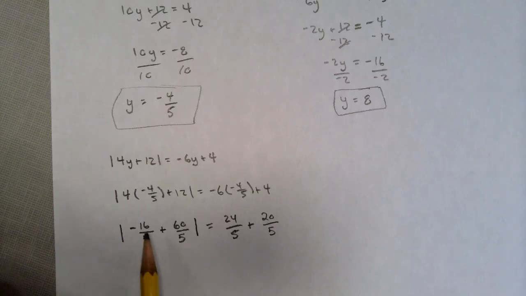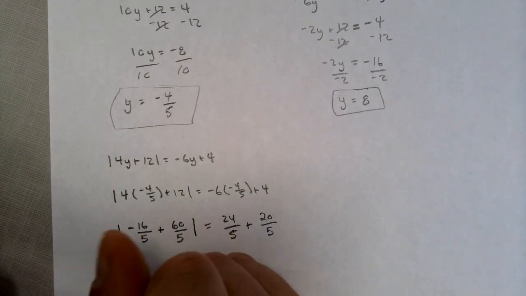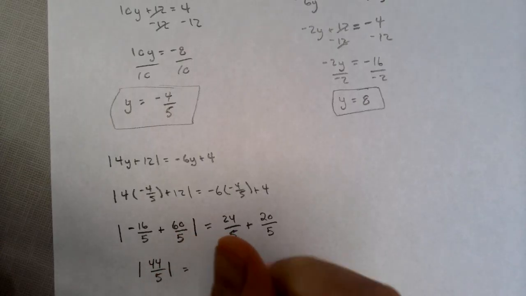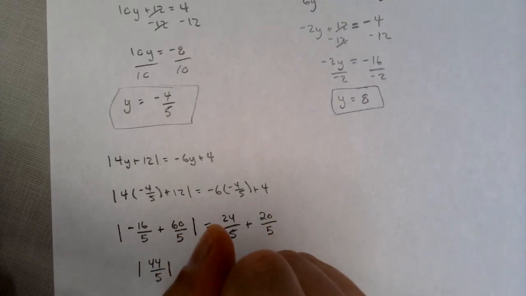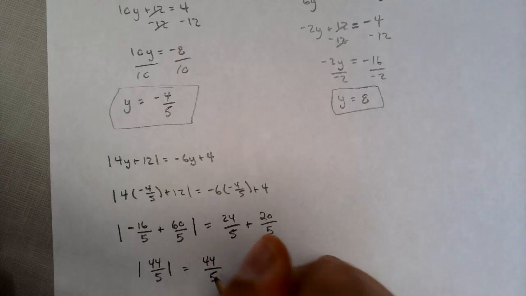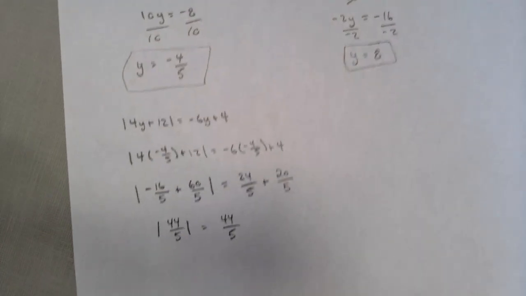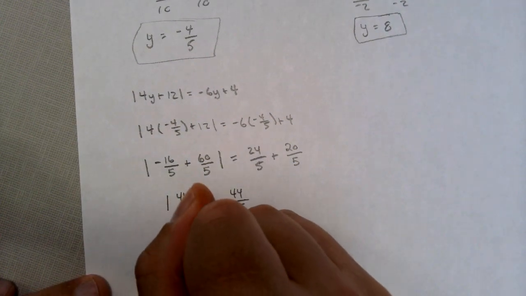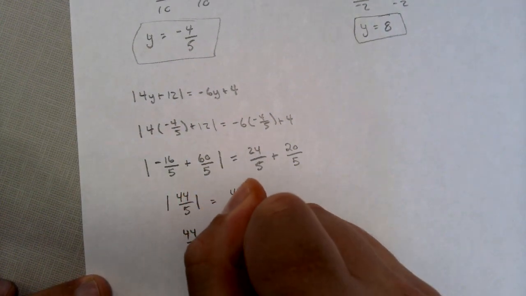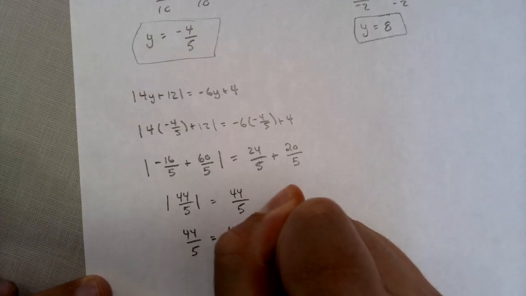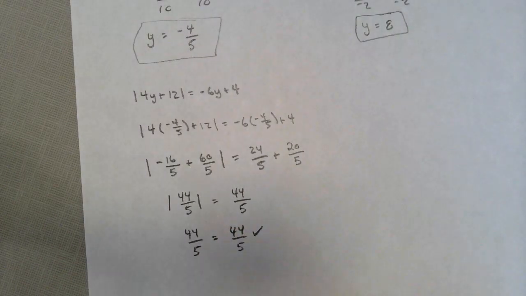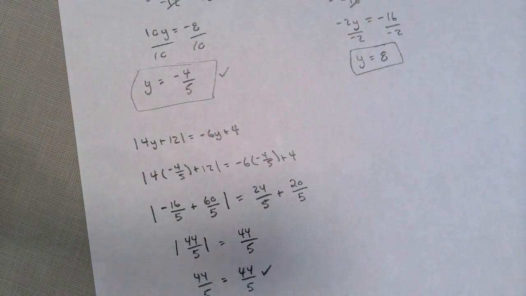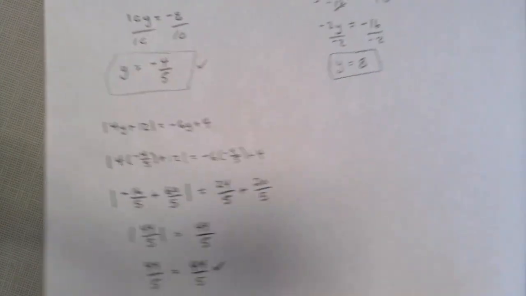So now we have negative 16 plus 60, that's positive 44. So 44 over 5 is equal to 24 plus 20, that's 44 over 5. And the absolute value of 44 over 5 is just 44 over 5. So negative 4/5 is a solution to our absolute value equation.